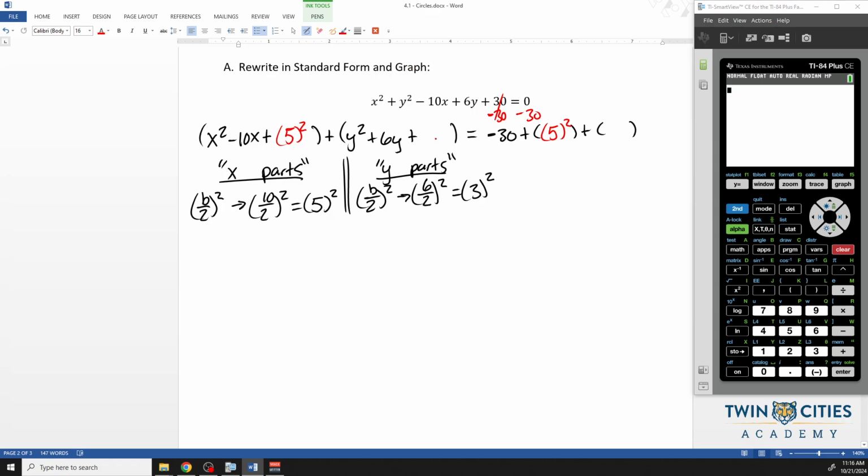That means I'm going to add 3 squared here, but then I also add 3 squared on the other side. So now I've completed the square for both the x parts and the y parts.